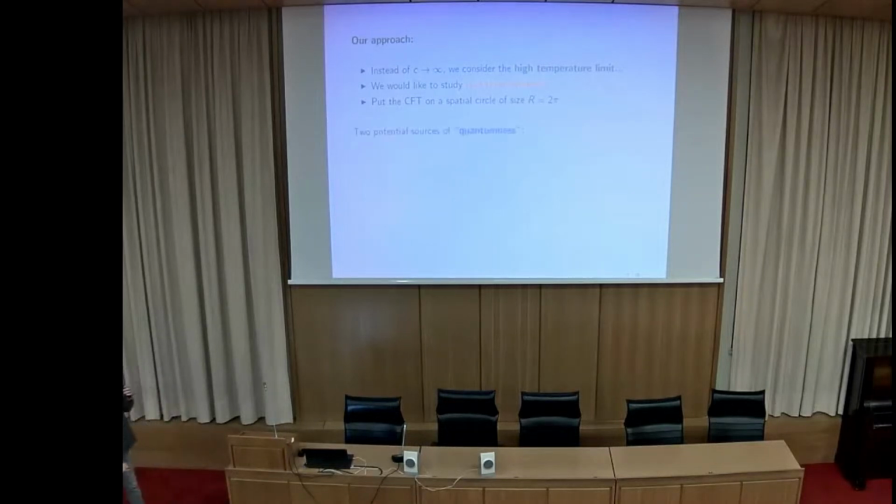Now, what are the sources of quantumness? First of all, if we go back from the high temperature limit to finite T, we will see some kind of loop effects. So this is one possibility. And the source of quantumness in this talk is that since we have a spatial circle, which is finite, the CFT modes, of course, are quantized, which is kind of obvious.